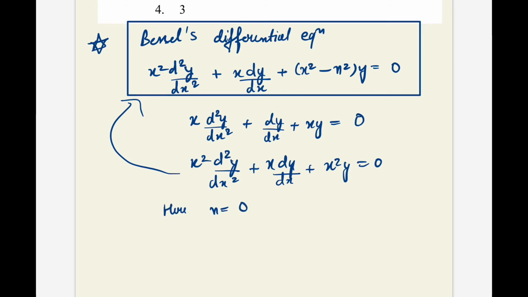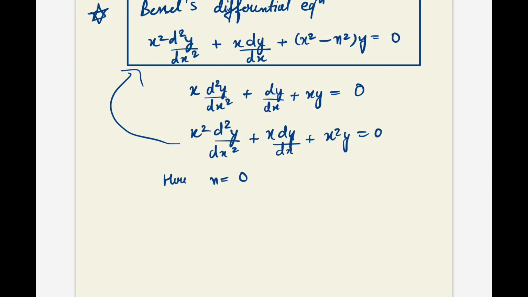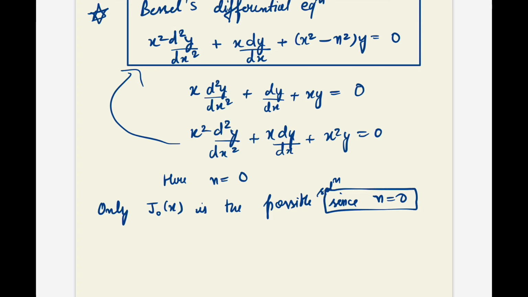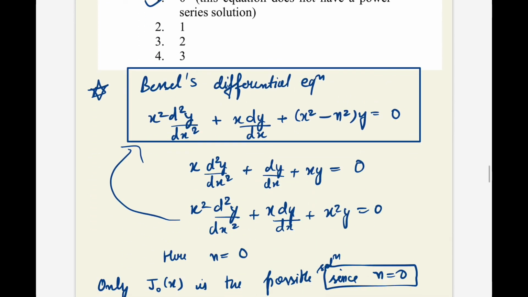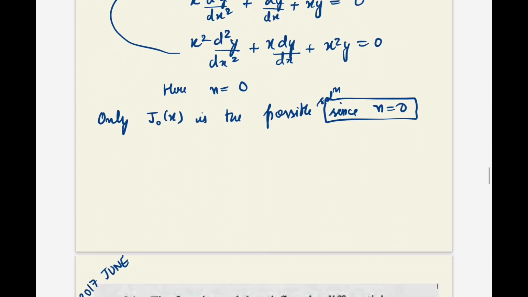So Bessel's differential equation has the solution J0(x). Only J0(x) is the possible solution, since n is equal to 0. So option 1 is the correct answer. This equation does not have a power series solution.